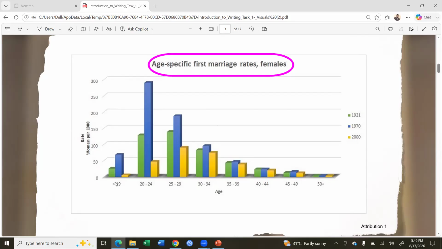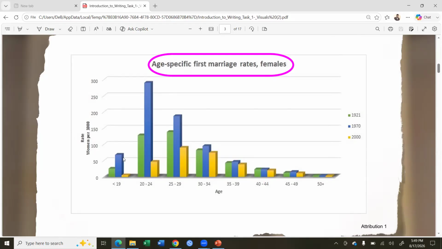Then in 1921, it is about 25%, right? And in the 1970s, the same age group, around 60 per thousand women got married for the first time. So this is how the bar chart looks like.